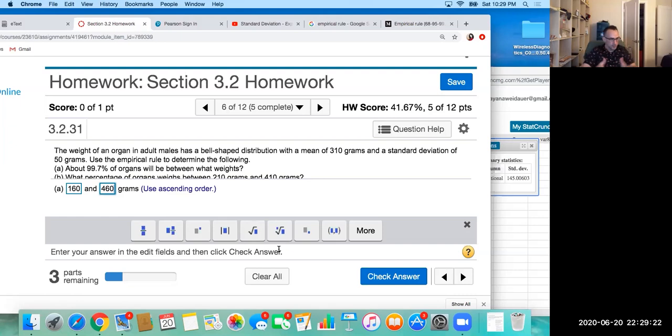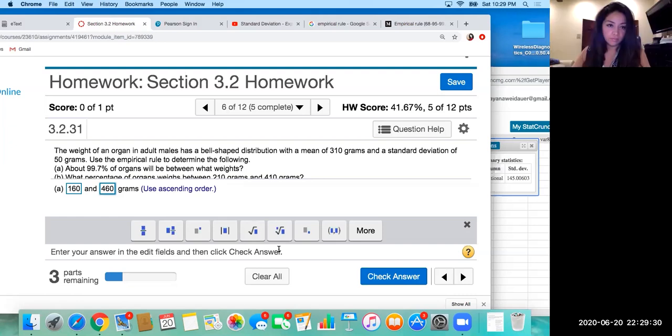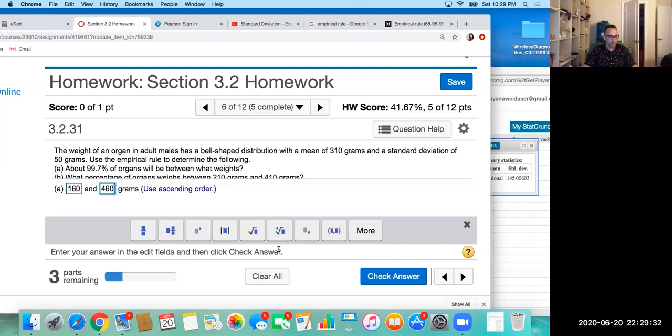Well, if incomes are normally distributed, then we could say 68% of people make between 80 and 120 if the standard deviation was 20,000.